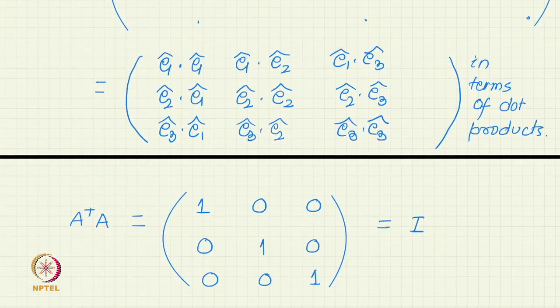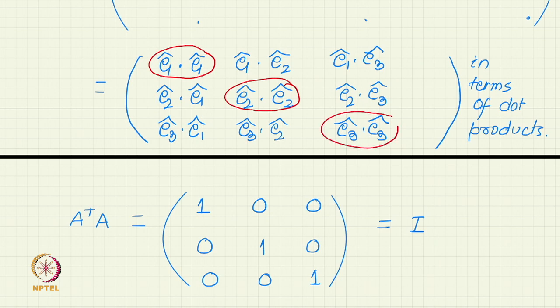The first one here is 1, because it is the dot product of a unit vector with itself, and all three diagonal terms are the dot product of a unit vector with itself. The off-diagonal terms are dot products of two different basis vectors of the orthonormal basis, and different basis vectors of an orthonormal basis are always orthogonal, so these dot products are all 0.